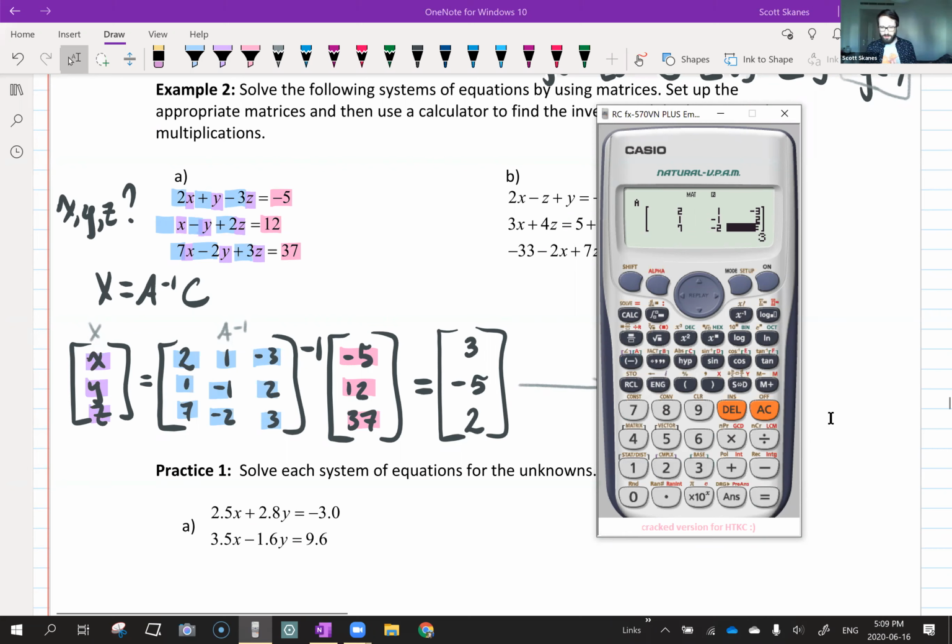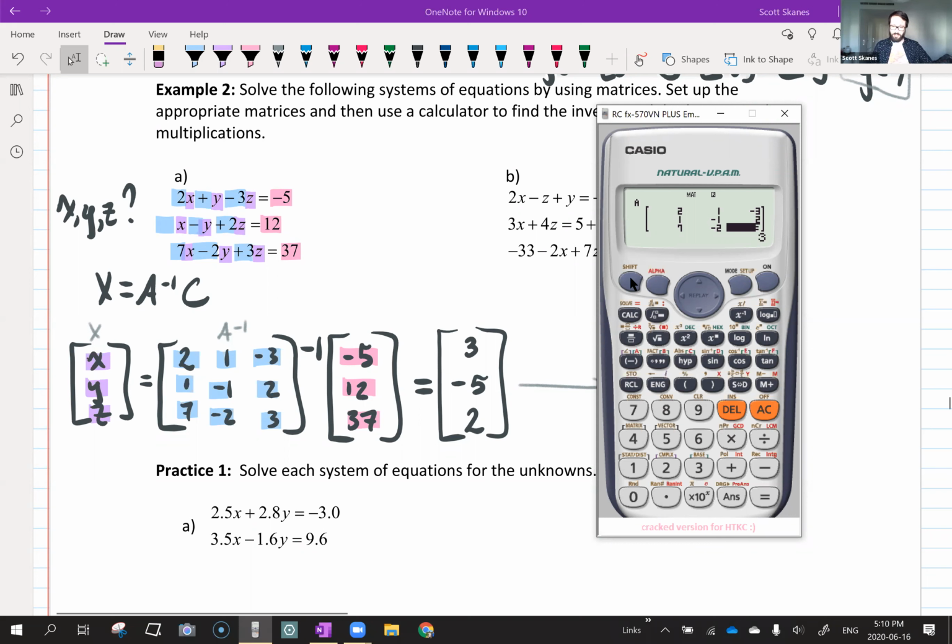That was my downfall last time. My mouse is freaking out. Wow, what is happening? Sorry, one second. Okay, I'm going to check: 2, 1, -3, 1, -1, 2, 2, 7, -2, and 3. Okay, so I've got the right matrix.